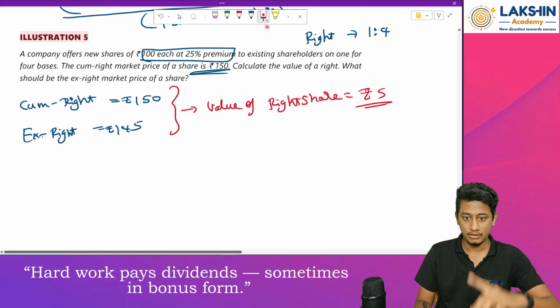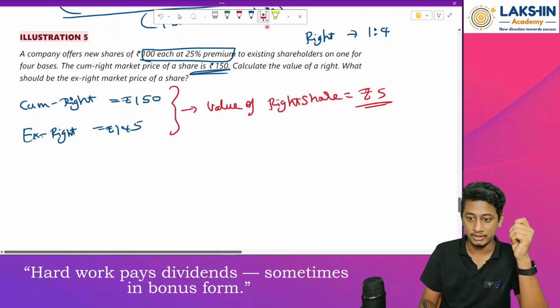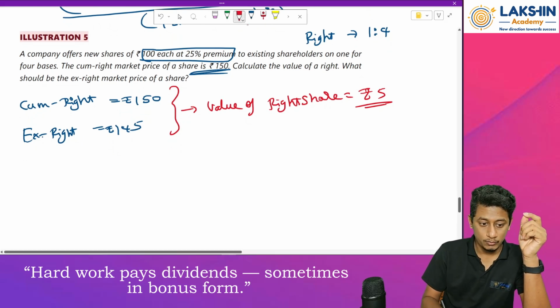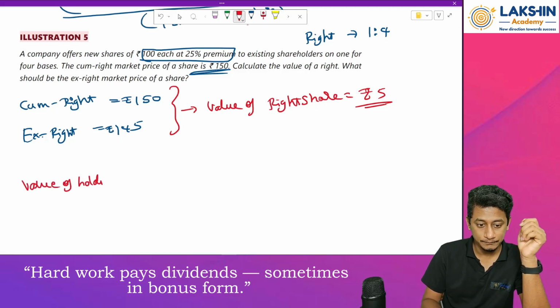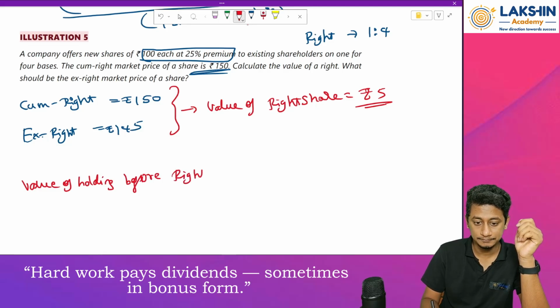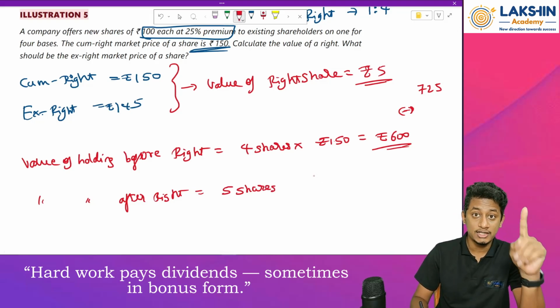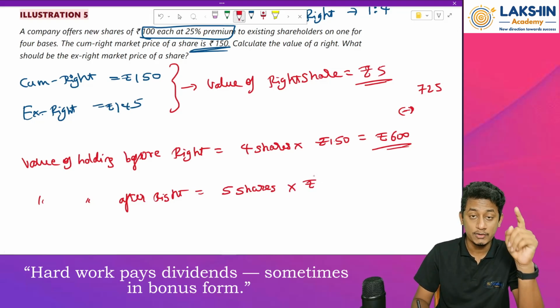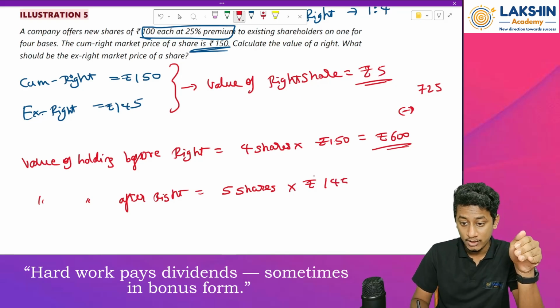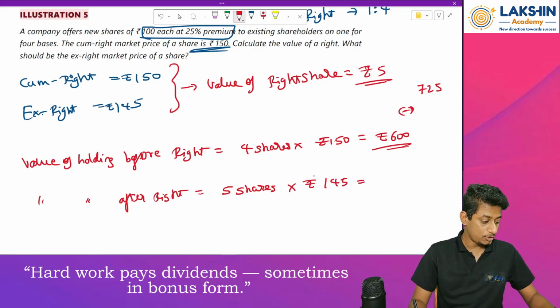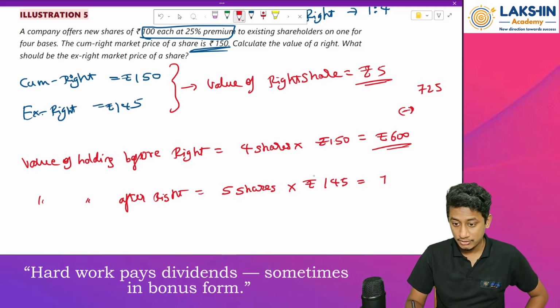Clear? One thing I wanted to tell you over here. The value of holding before the right issue is 4 shares at 150. The value of holding after will be 5 shares: 4 existing shares plus 1 right share. What is the new value after the right issue? Rupees 145. 5 into 145 equals rupees 725.